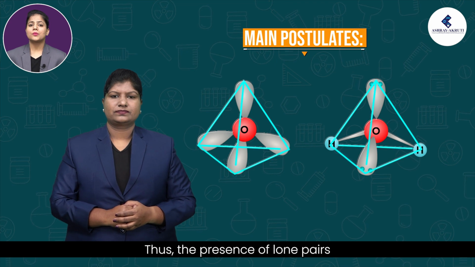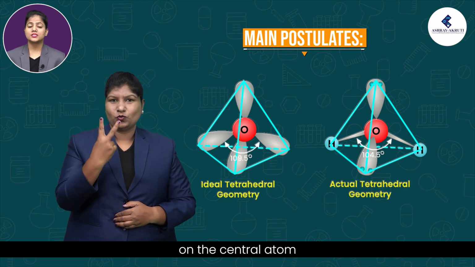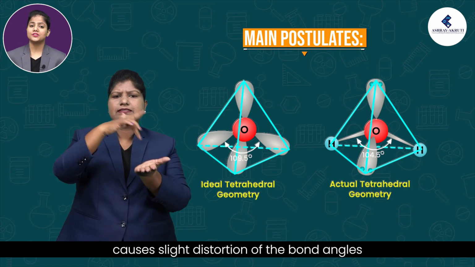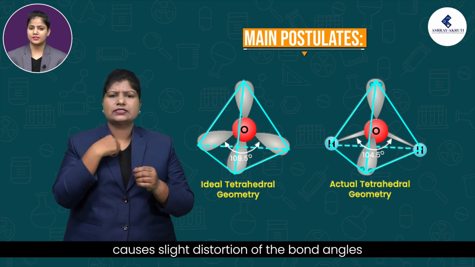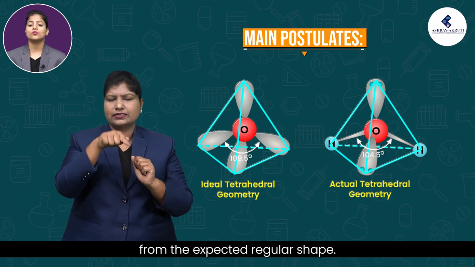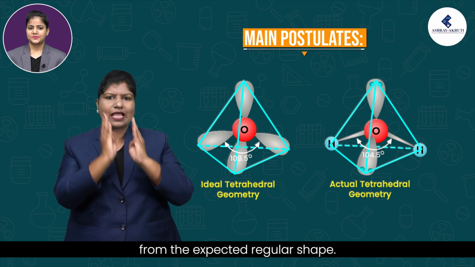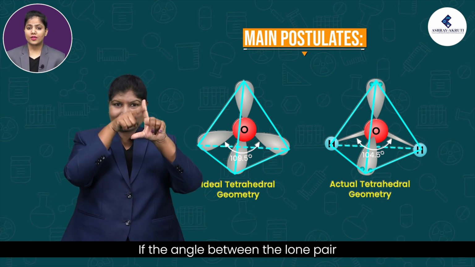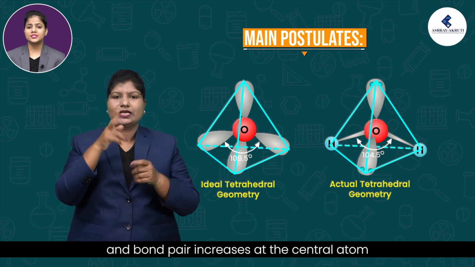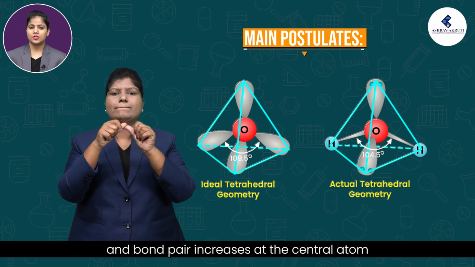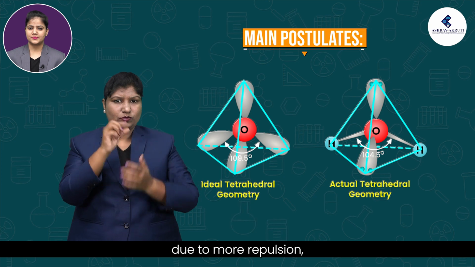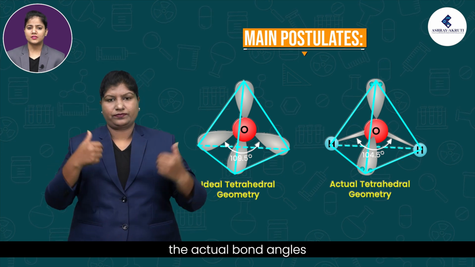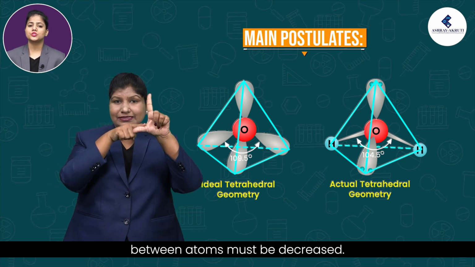Thus, the presence of lone pairs on the central atom causes slight distortion of the bond angles from the expected regular shape. If the repulsion between the lone pair and bond pair increases at the central atom, the actual bond angles between atoms must decrease.